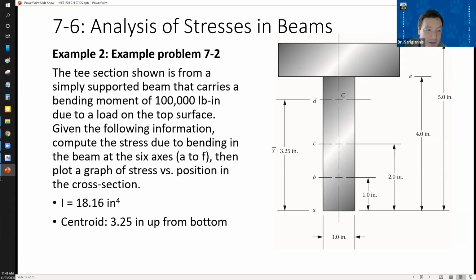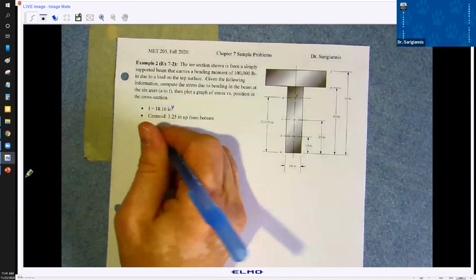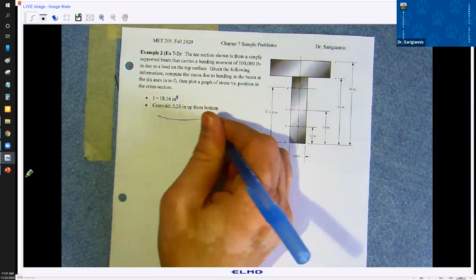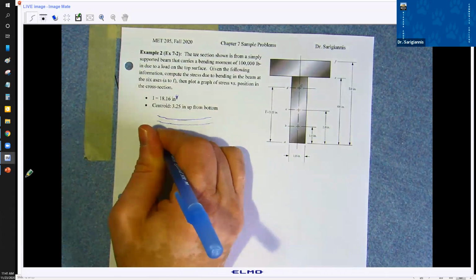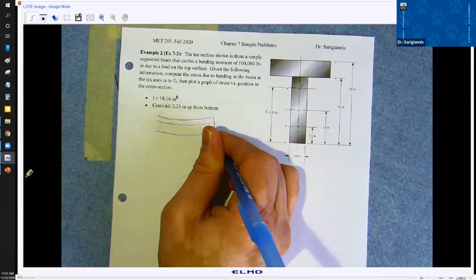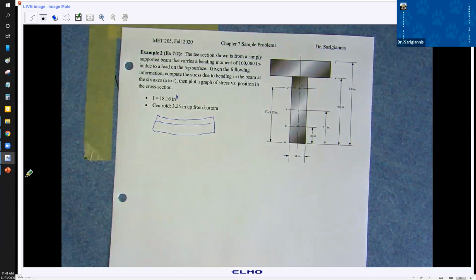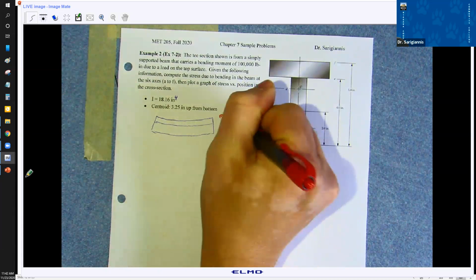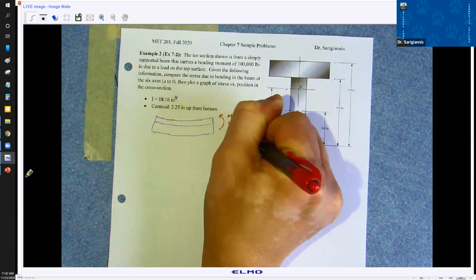So let's look at this on a piece of paper here. All right, what I'm going to do is I'm just going to draw a side view here, a very rough side view. And I'm going to overemphasize this. So this is what the beam would look like from the side, obviously exaggerated, right? And we've got this bending moment, 100,000 pound-inch.